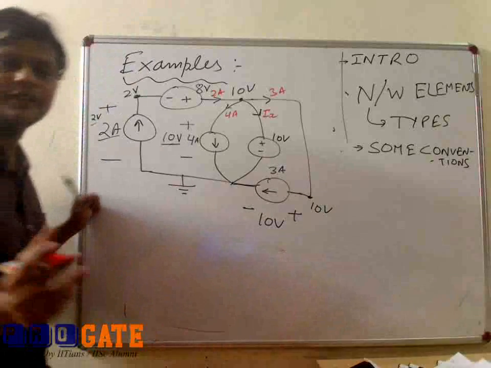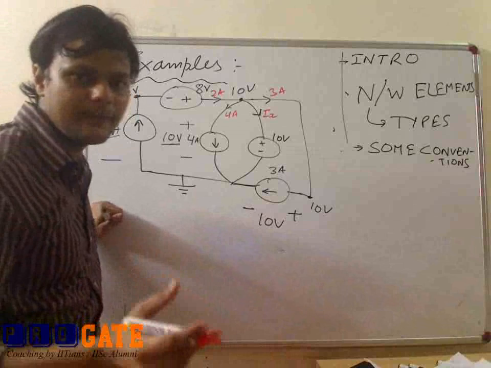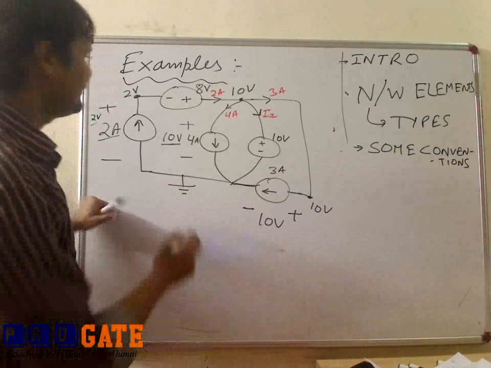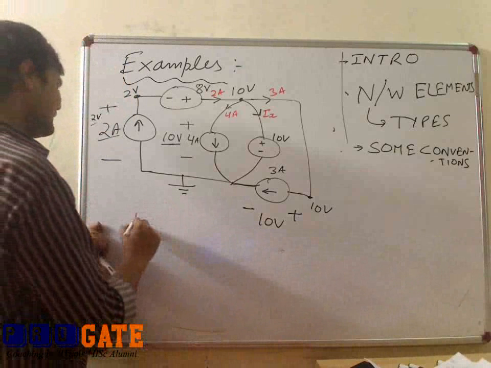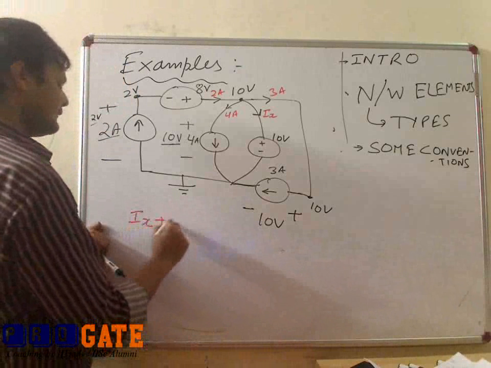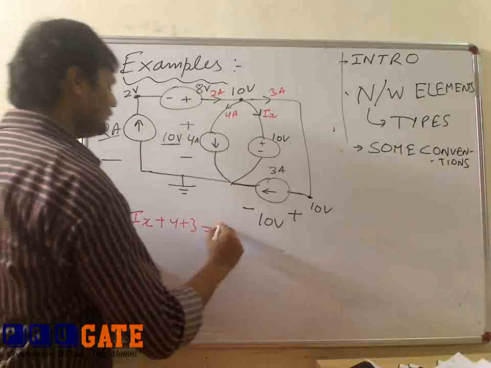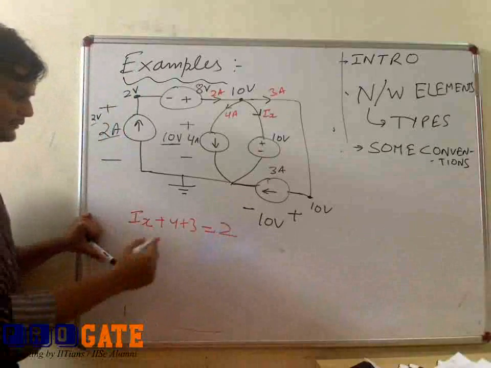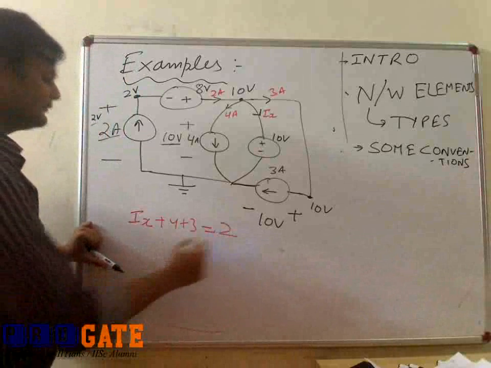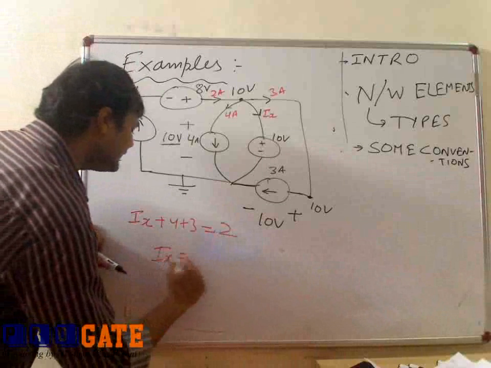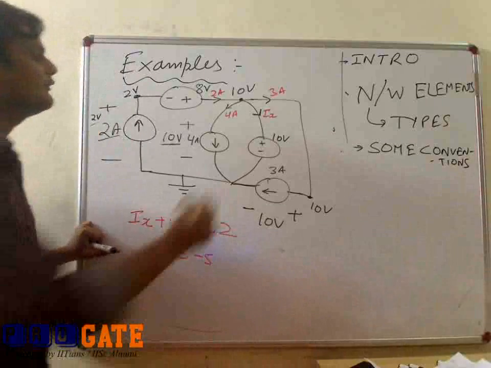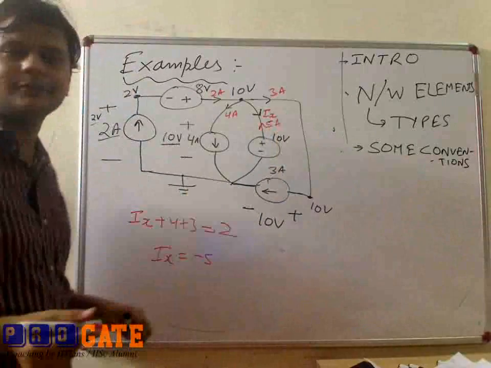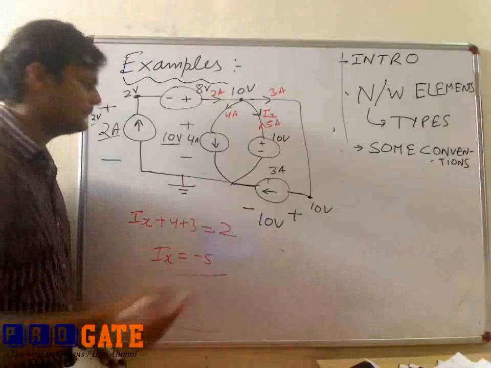The summation of incoming current should be equal to the summation of outgoing current, so one can say that Ix plus 4 plus 3 is equal to 2. So this is 7, 2 minus 7 is minus 5, so Ix is minus 5. One can say that here is a current of 5 ampere in the direction opposite to Ix, because Ix is negative.